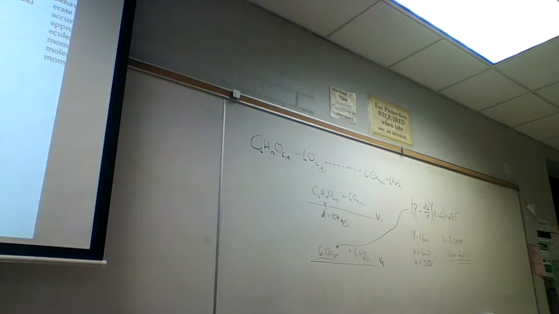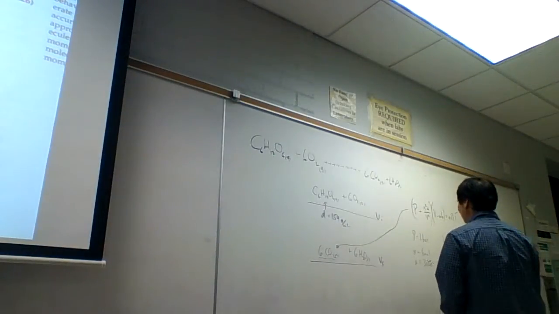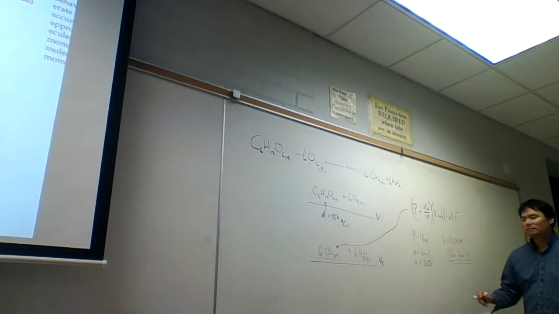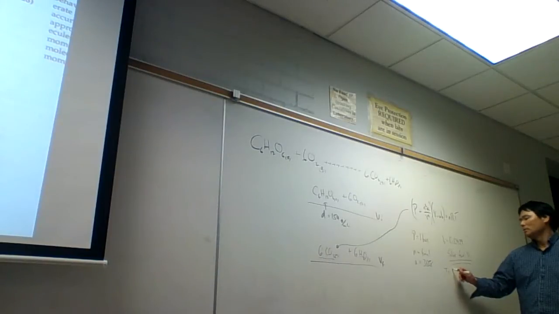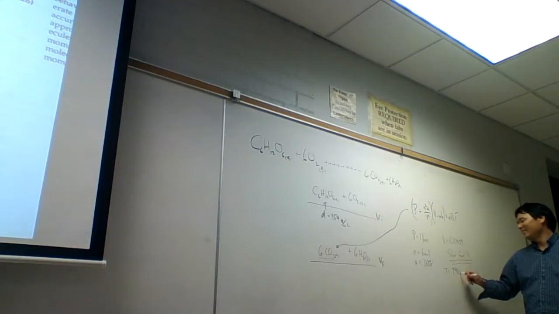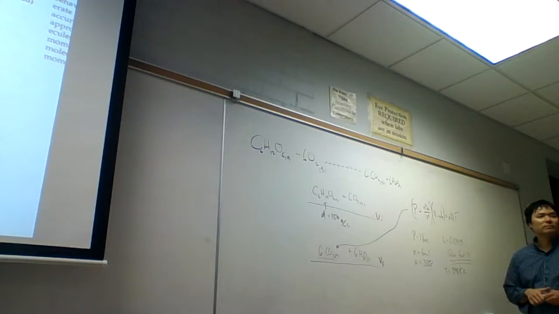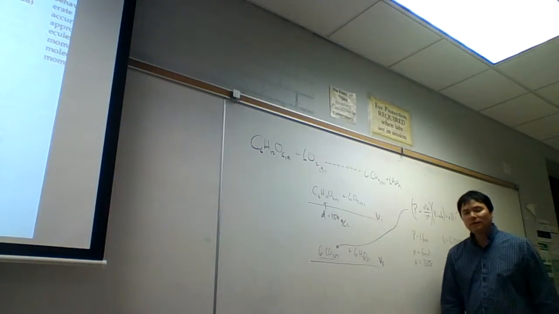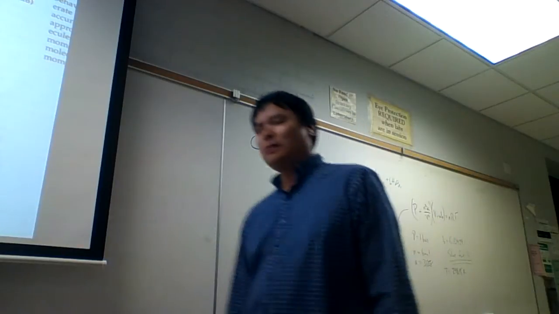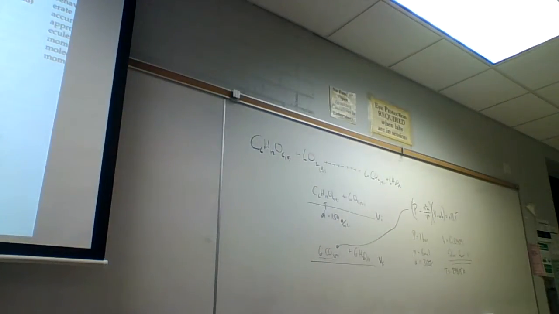Temperature, we don't have. Oh yeah, temperature. I forgot to write the temperature. What's the temperature for Appendix D data? 298.15 Kelvin. If you look in biochemistry books, you'll see that the data is under standard conditions, but at a different temperature.